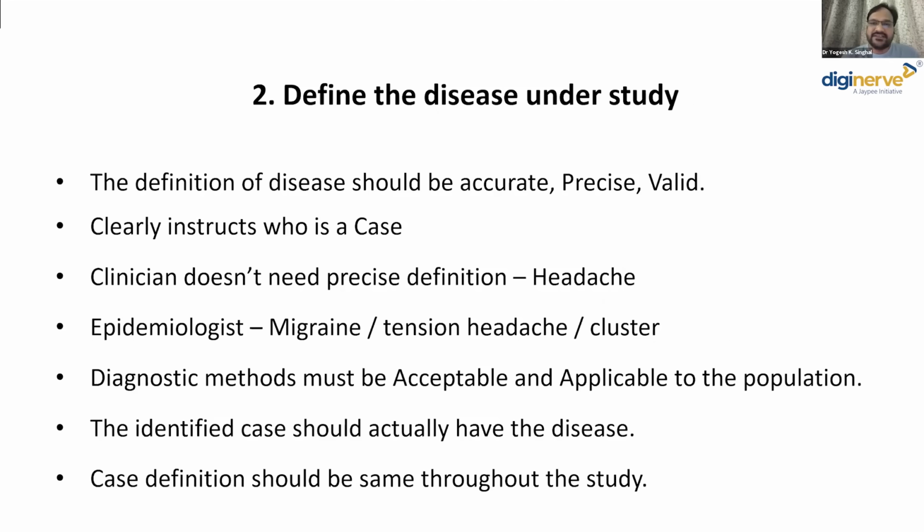And we should clearly instruct who is a case: whom we have to consider a case and whom we do not. Suppose a person comes to a clinician saying that I am having headache. So he will treat him for headache. He will give him some NSAIDs, some painkiller. But an epidemiologist must know whether the headache is a migraine or tension headache or cluster headache, because we are doing the study on a particular headache.